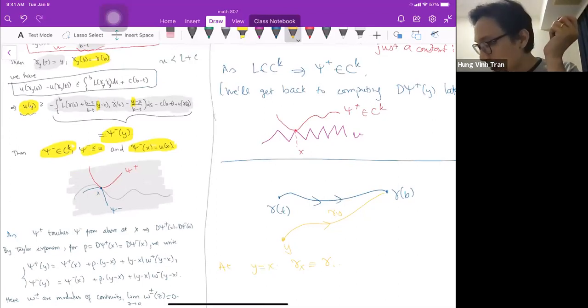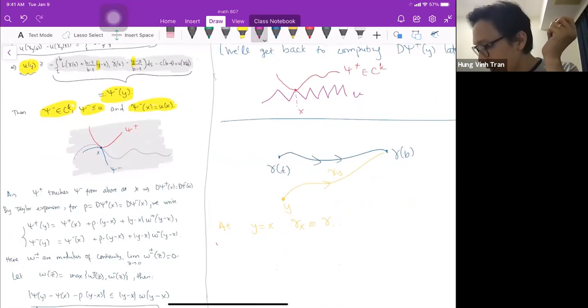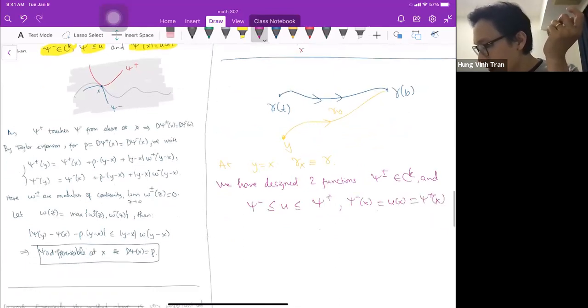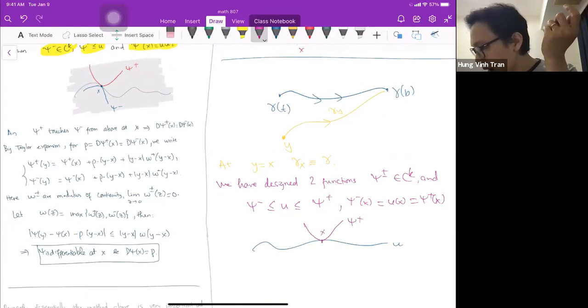What is really beautiful is that we have designed two functions c plus and c minus in C^k, such that c minus is less than or equal to u, which is less than or equal to c plus, and c minus of x equals u of x equals c plus of x. Geometrically, the picture is that this is u, this is c plus, this is x, and this is c minus.